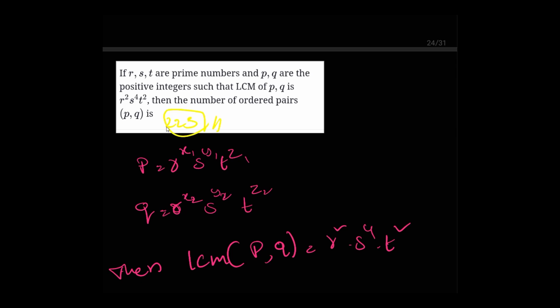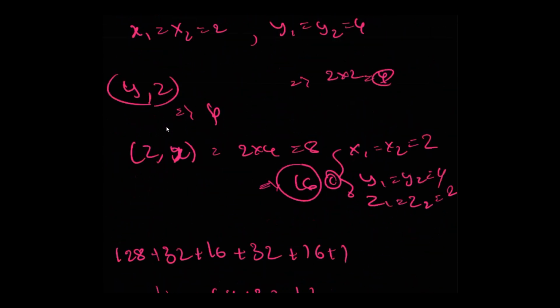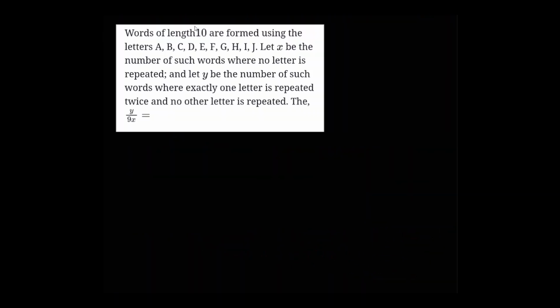Now we will go into another question. Words of length 10 are formed using the letters A, B, C, D, E, F, G, H, I, J. Let X be the number of words in which no letter is repeated, and Y be the number of words such that exactly one letter is repeated twice and no other letter is repeated.